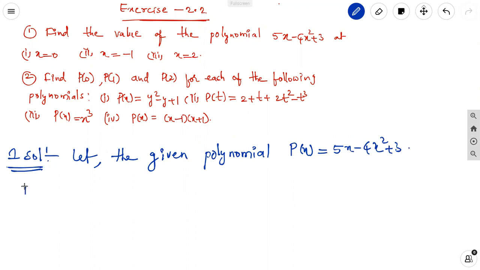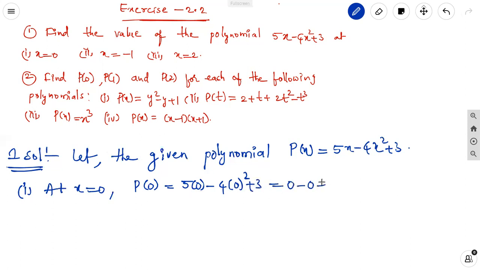We can find the value at x equal to 0. The p of, in the place of x, write 0, that is equal to 5 into 0 minus 4 into 0 square plus 3. Something into 0 is 0, so 0 minus 0 plus 3 equal to 3. So the p of 0 value is 3. That is the first one.